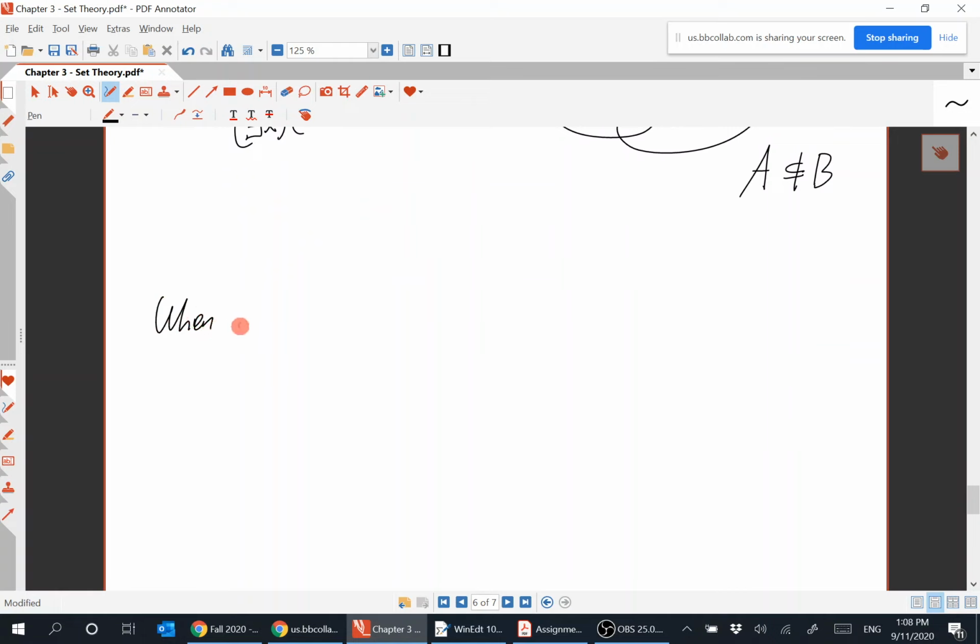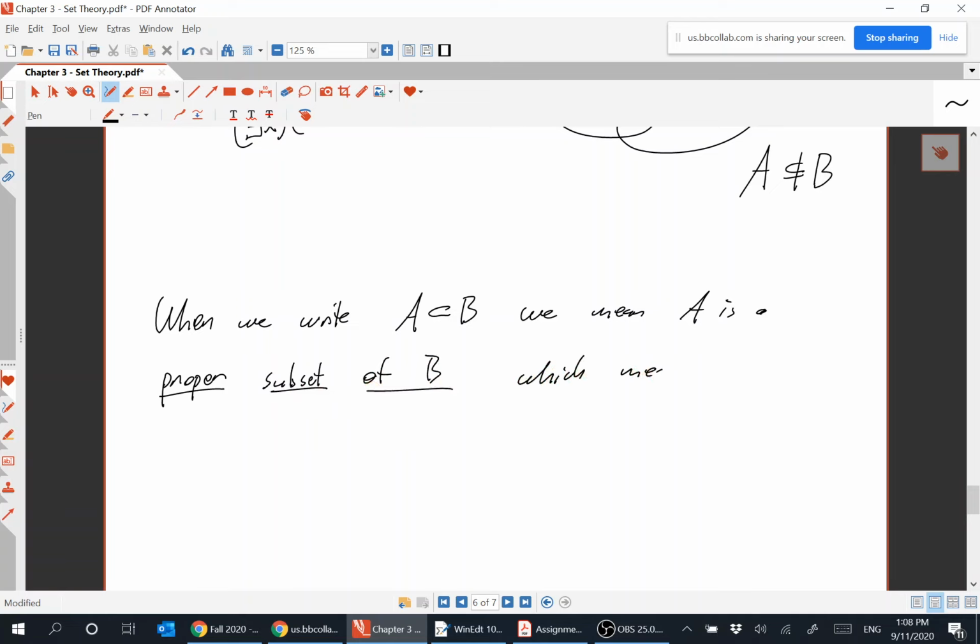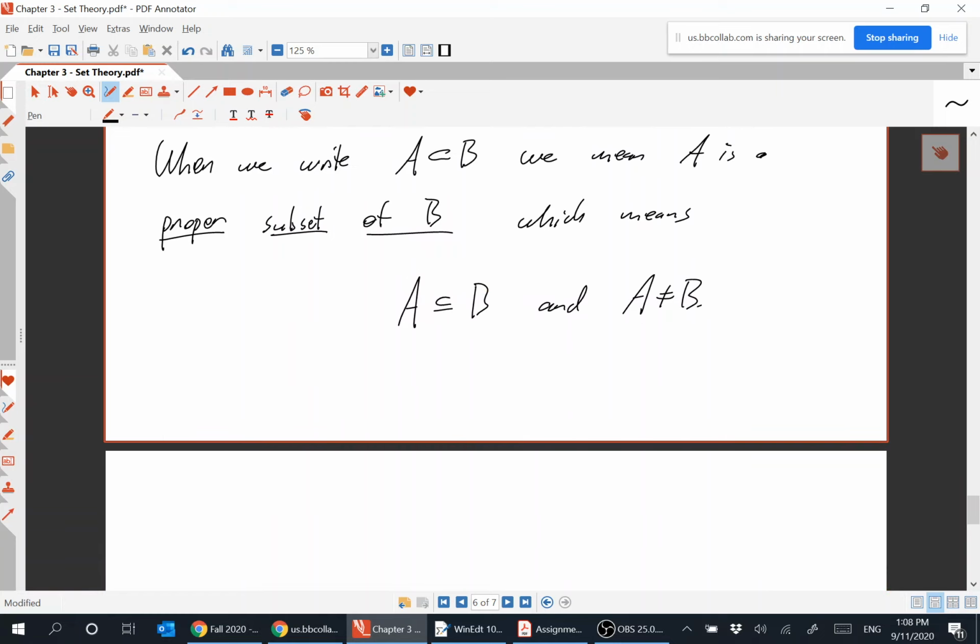When we write A like this, proper subset of B, we mean A is a proper subset of B, which means A is a subset of B and A is not equal to B. Because for any set A, A is a subset of itself.